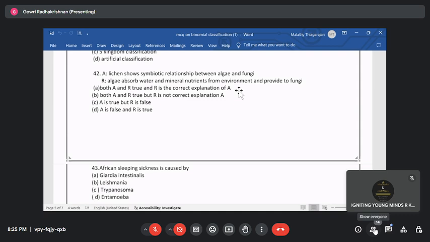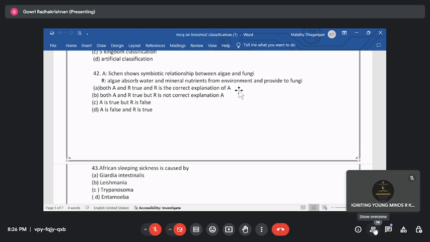Reason: algae absorbs water and mineral nutrients from environment and provides to fungi. Which option is correct?